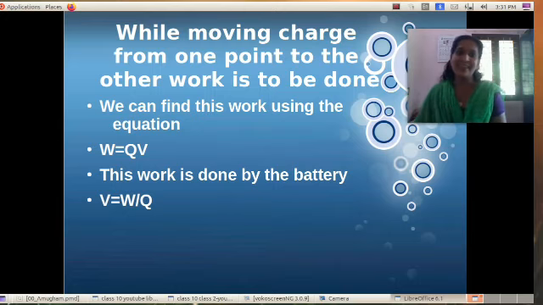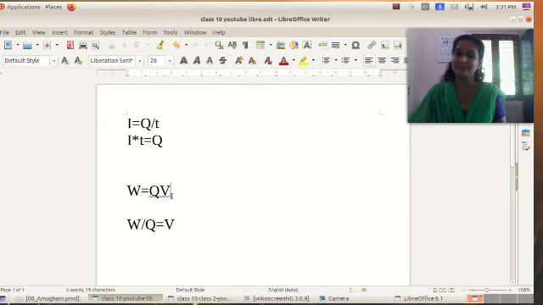Then we studied that while moving charge from one point to the other point, work is to be done. We can find this work done using the equation W is equal to QV. By using the equation W is equal to QV, we can find the equation for finding the voltage.